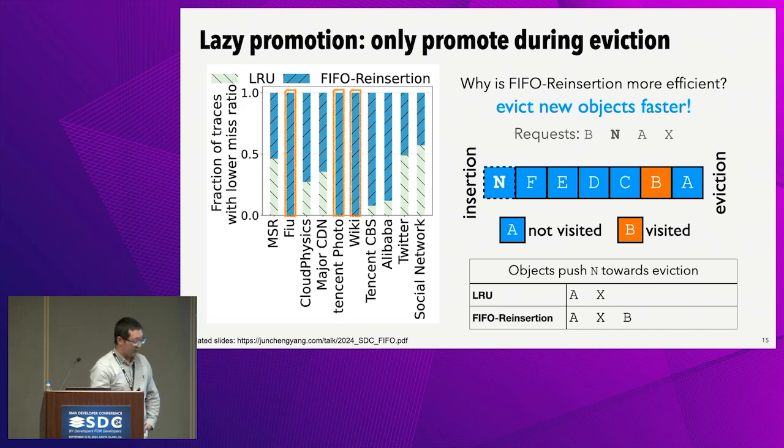But if you use FIFO reinsertion, not only A and X push the new object down the queue, but some objects that were requested previously also push it down. For example, object B, because B will get reinserted when it gets evicted, also pushes new objects down the queue. In other words, new objects in FIFO reinsertion traverse the queue much faster compared to LRU. And this allows FIFO reinsertion to be better than LRU.